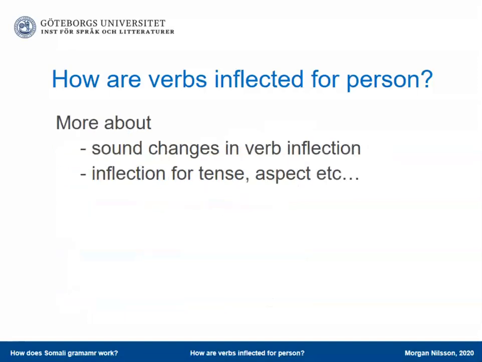So that was the basic facts about the inflection for person. There is, of course, a lot more to say, especially about different kind of sound changes in the verb inflection that make things a little bit more complex. And then, of course, there is more to say about inflection for tense, aspect, mood, etc.